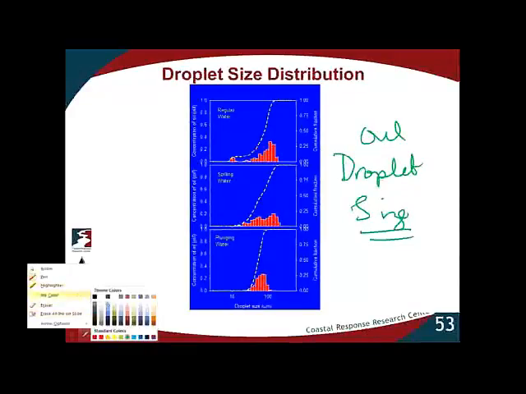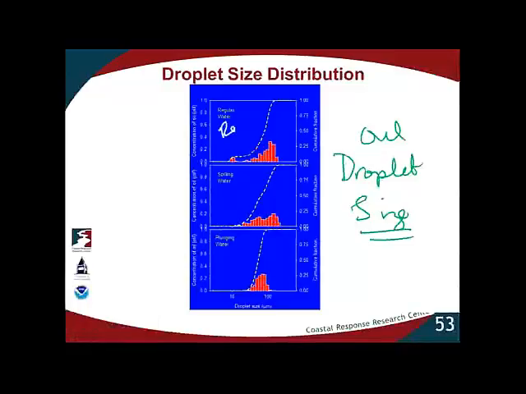All right, so we're going to look at the regular wave. We're going to look at the spilling wave. And this is the plunging wave. Okay? So the oil droplet size goes from tiny, tiny 0, nothing, to, in this case, 1,000 microns in size.